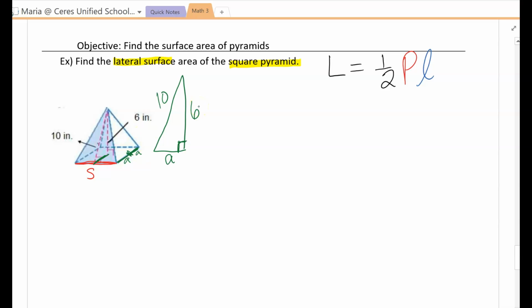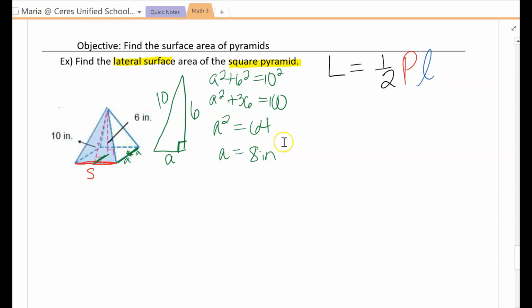Okay? So using the Pythagorean theorem, I have A squared plus 6 squared equals 10 squared. So A squared plus 36 is equal to 100, and then I can take away 36, so that's going to give me 64, and then if I take the square root, that's going to give me 8, and my units are inches.